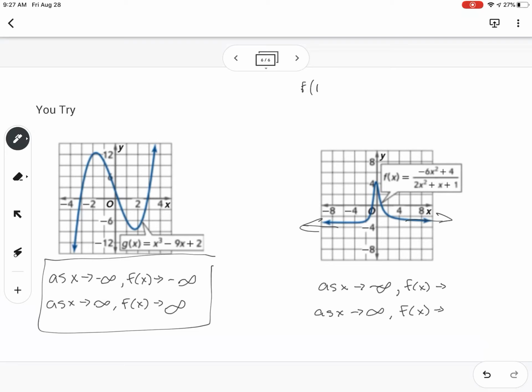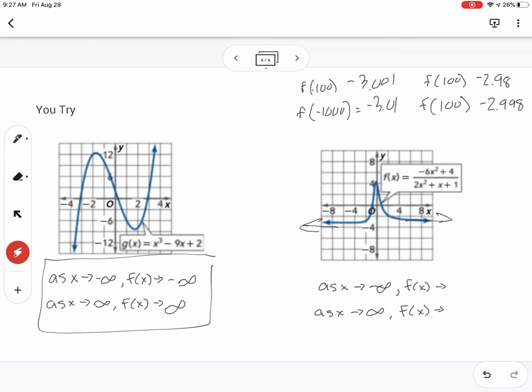For the negative 100, we got negative 3.001. For 1,000, we got negative 3.01. For the positives, we got negative 2.9, and then negative 2.998.